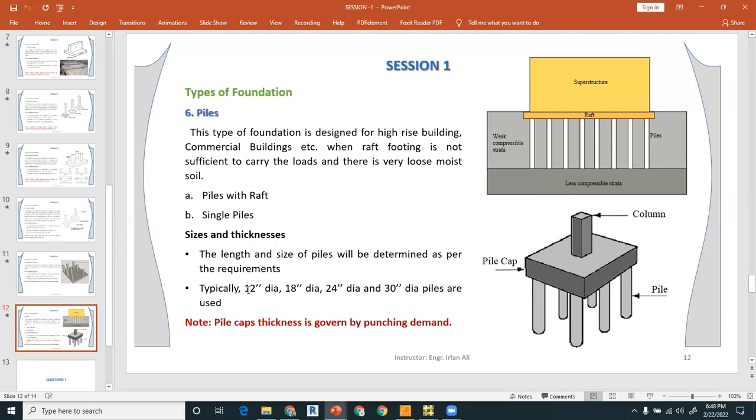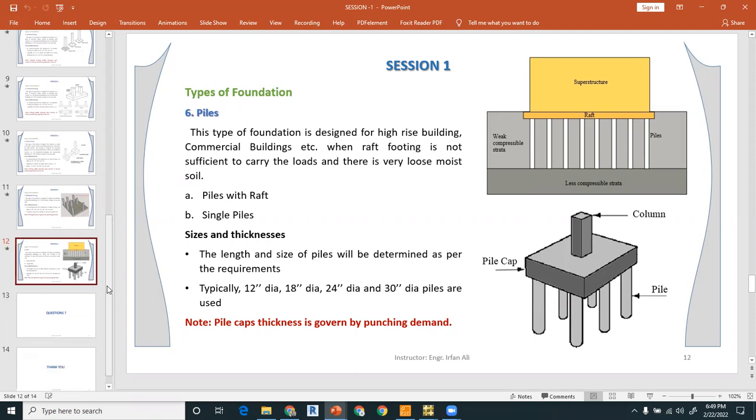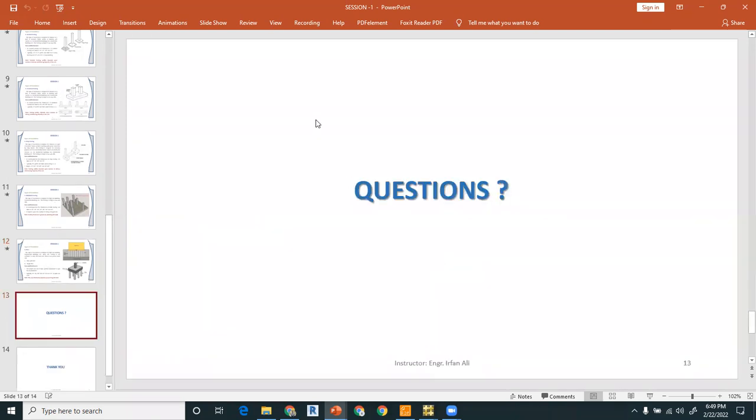The typical and normally available molds for the boring of these piles are 12 inches, 18 inches, 24 inches, and 30 inches. There is also the possibility that you may go towards 36-inch diameter piles, right? And again, the pile cap thickness is governed by the punching demand, right? So these are the different types of foundation, and this is the end of this theoretical lecture. If you have any questions, you can ask.